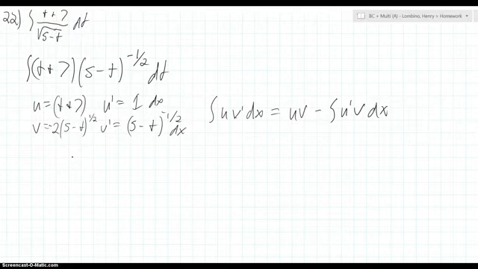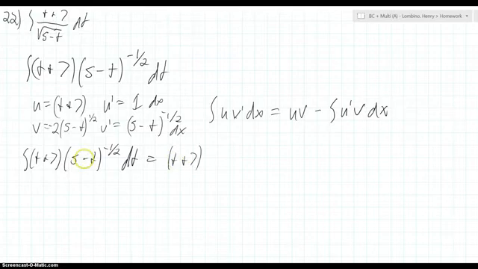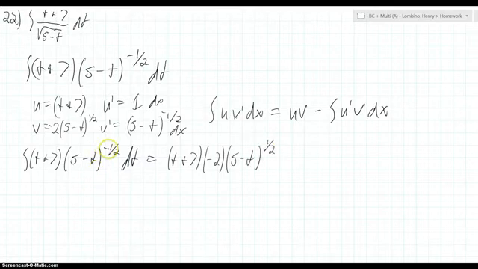Alright, so now back to math. So now we have this. Now we just plug it in. So we have the integral of t plus 7 times (5 minus t) to the negative 1/2 dt equals t plus 7 times negative 2 (5 minus t) to the 1/2.